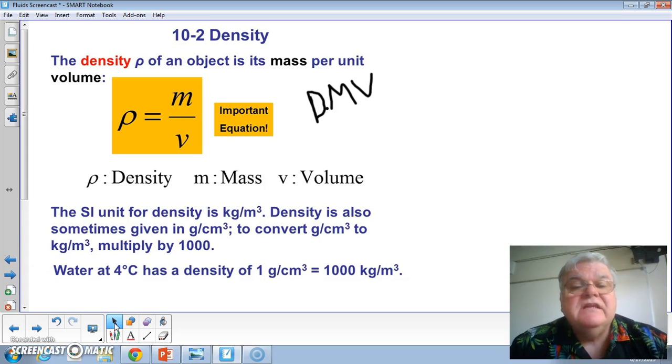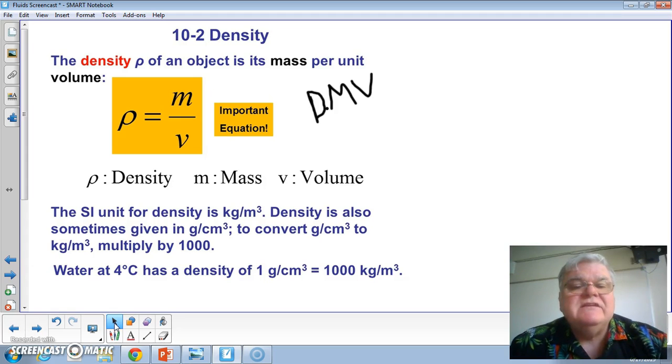SI units for density, kilograms per cubic meter. Density is also sometimes given as grams per cubic centimeter, but for any problems we do, you're going to have to convert it to kilograms per cubic meter. Remember, from grams to kilograms, the difference is 1,000 times, so grams divided by 1,000 gives you kilograms.